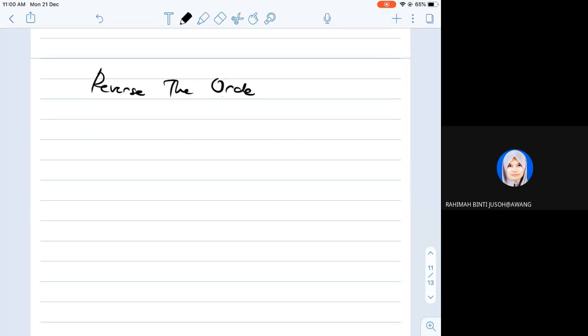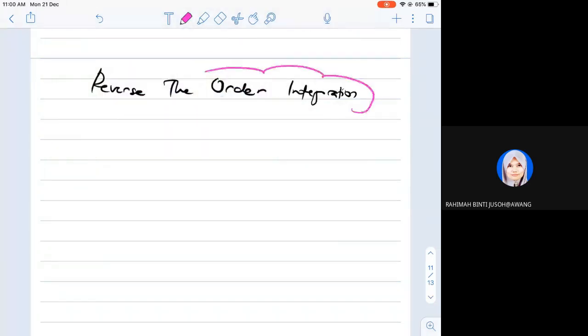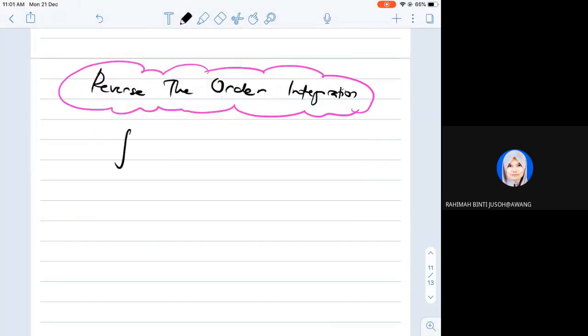This will come out in your quiz 4 and also the final exam. Okay, so let us learn how to reverse the order of integration. If you are given dy dx, then you have to change to dx dy, or vice versa. Let me repeat.